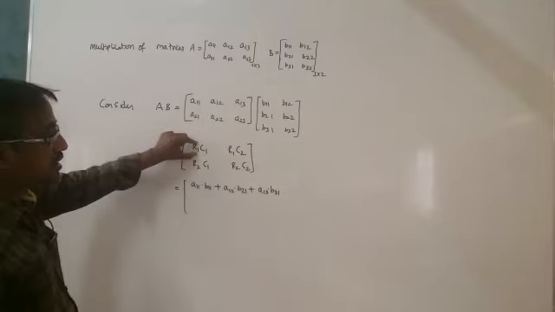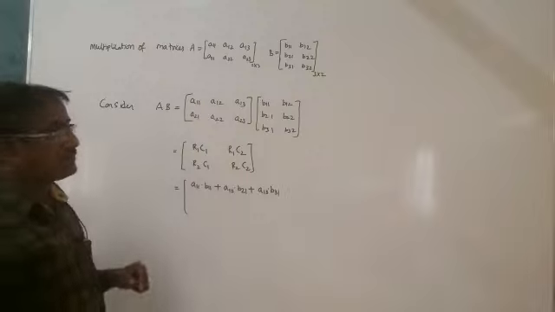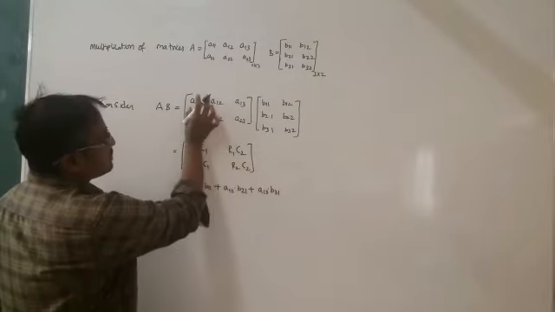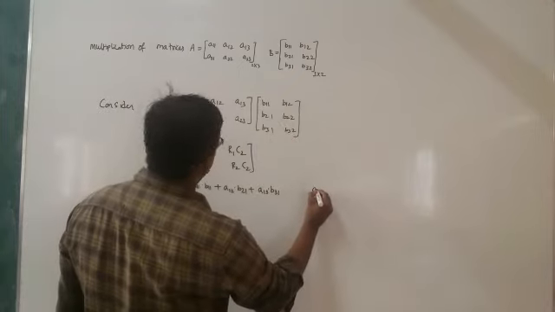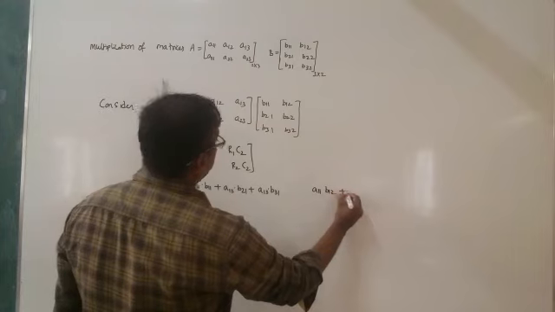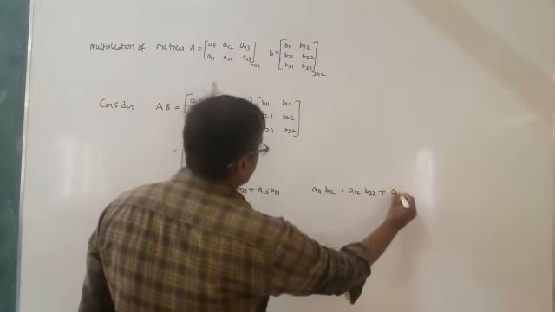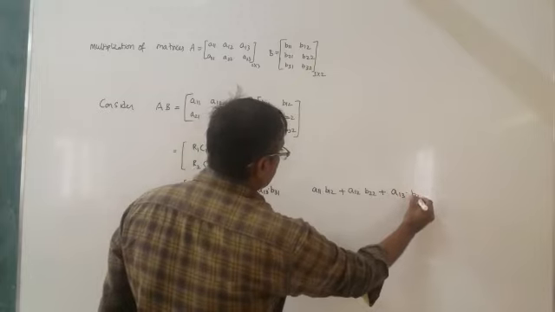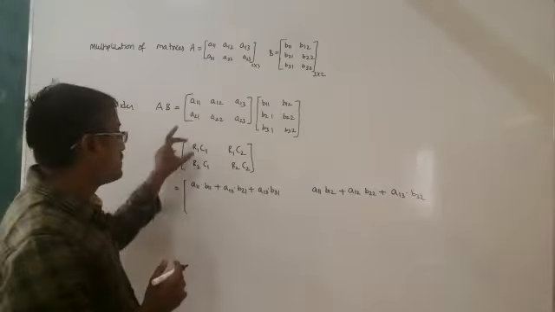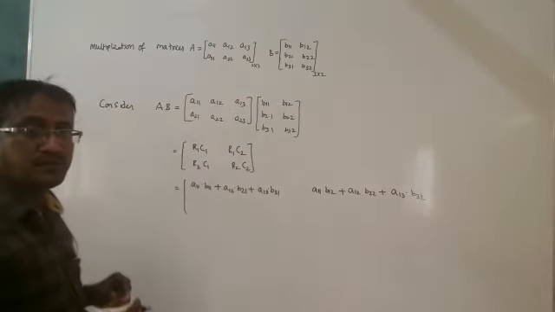This is R1C1, first row into first column. Now first row into second column, that is A11 into B12 plus A12 into B22 plus A13 into B32. That is the first row, second column.